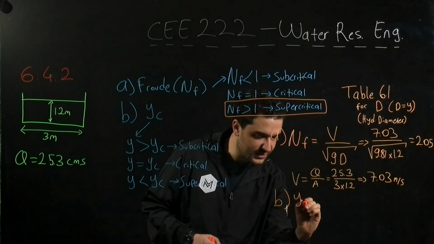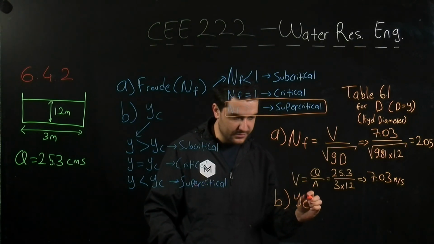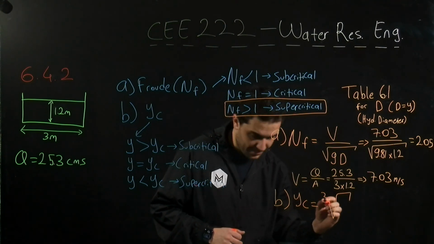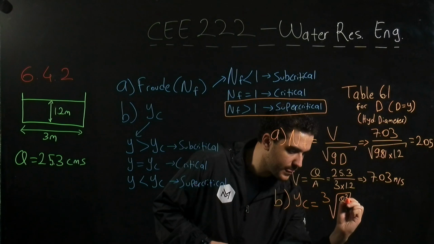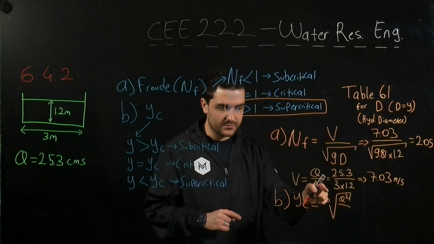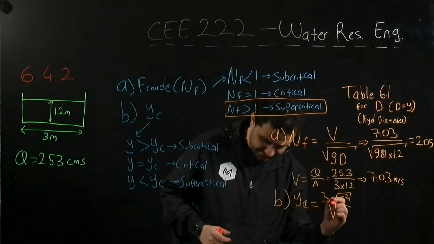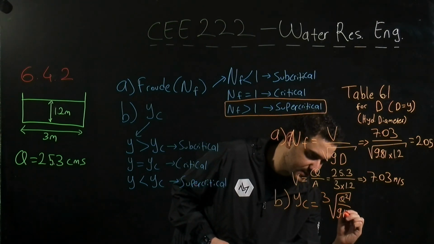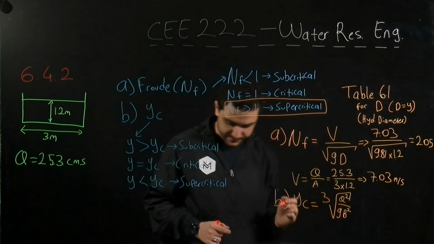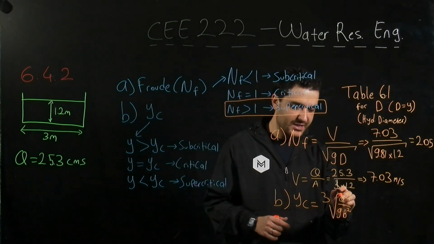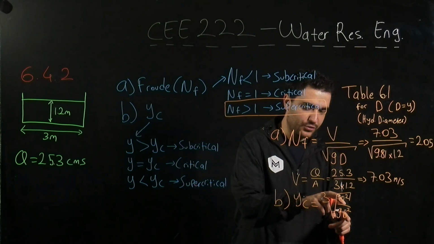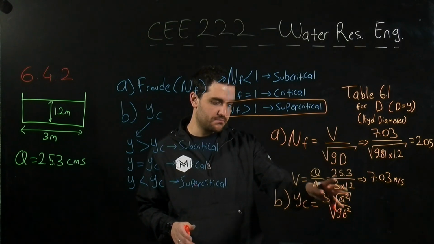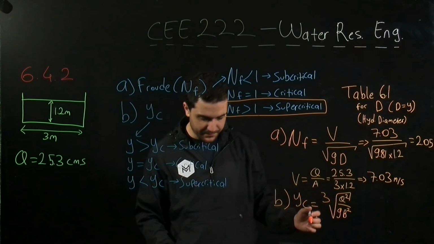So to find the critical depth, we could use this equation, which is the square of flow rate over the gravitational acceleration times b squared, all to the one third. This actually gives unit discharge, Q over b, but you can also use it in this form.